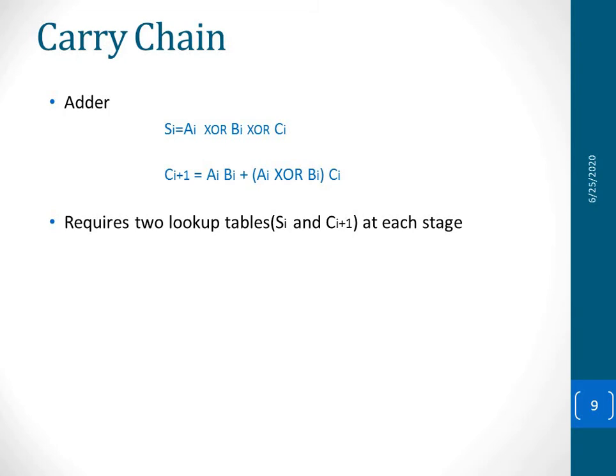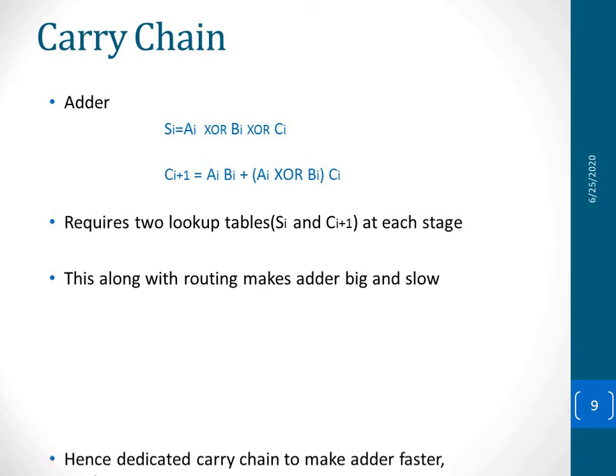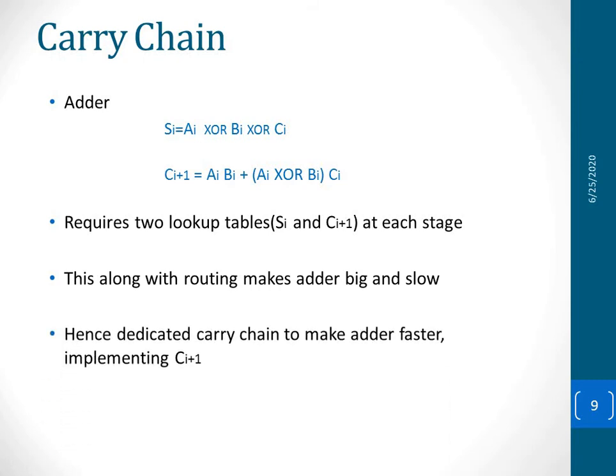At each stage it requires two lookup tables, because I can be any number. Based on the I, that many stages it can have. This, along with the routings, makes the adder slow. Hence, a dedicated carry chain is used to make the adder faster, implementing CI plus 1.